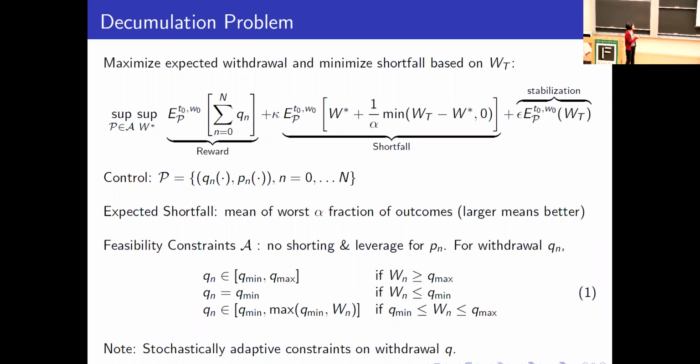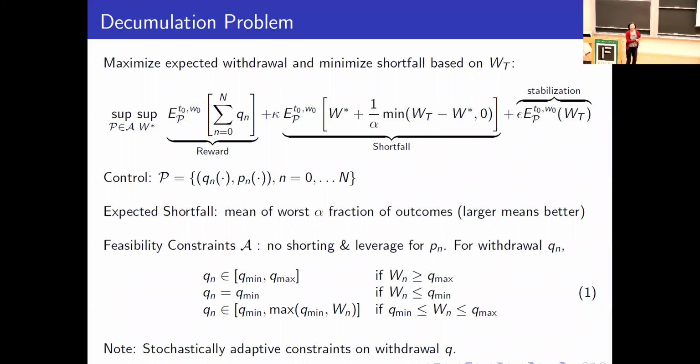So what we can do is formulate the problem. We want to maximize expected withdrawal and minimize the risk of not getting enough money. So our objective function is basically a component of maximize reward, the expected withdrawal, and minimize running out of money, the shortfall. And there's a third term here.